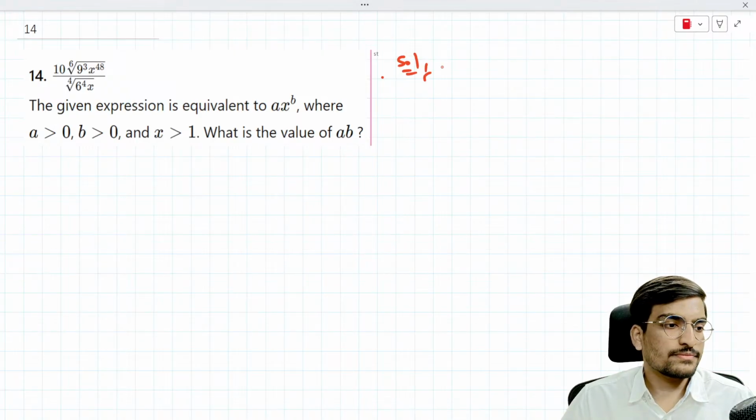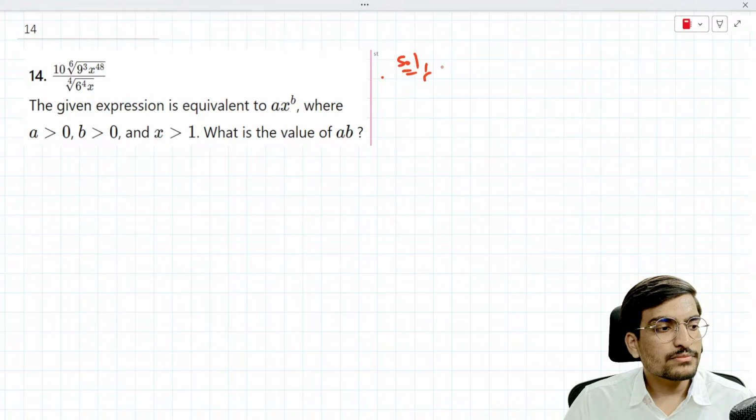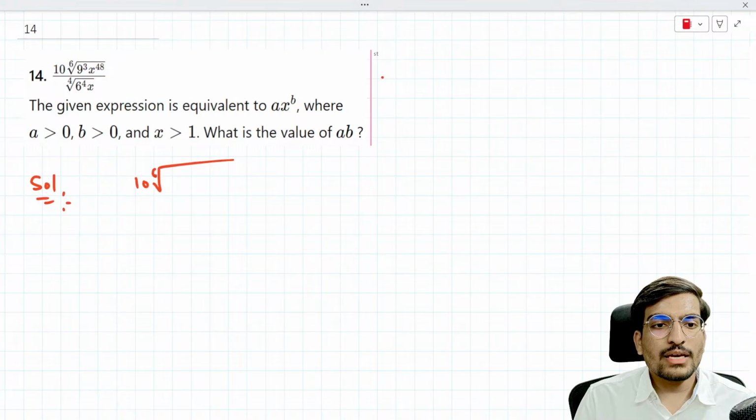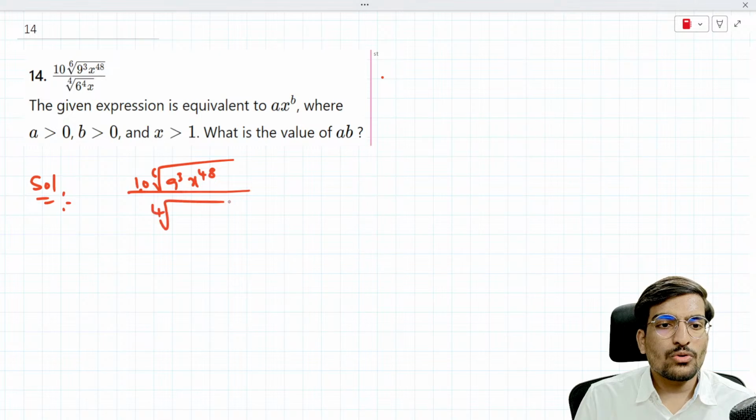Solution. So what they have given here is the expression sixth root of 9 cube and x raised to the power of 48, divided by fourth root of 6 power 4 x.